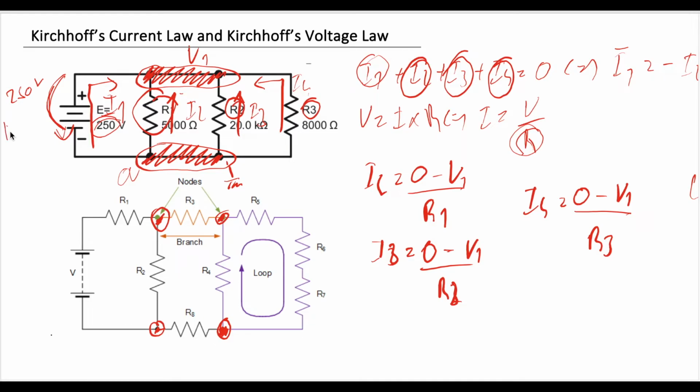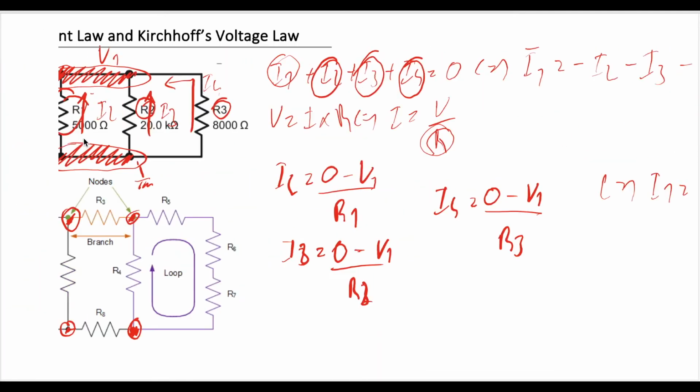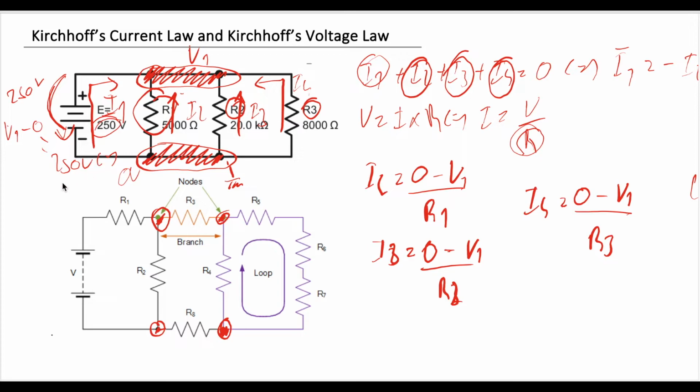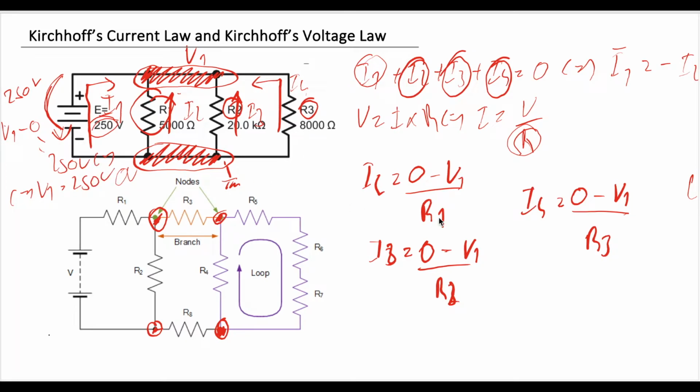So V1 minus 0, because this is ground, is equal to 250 volts. Okay? So we know that V1 is equal to 250 volts.